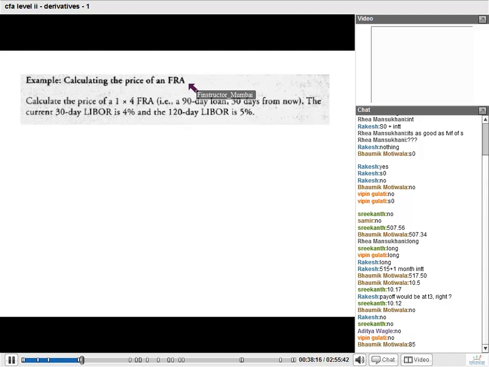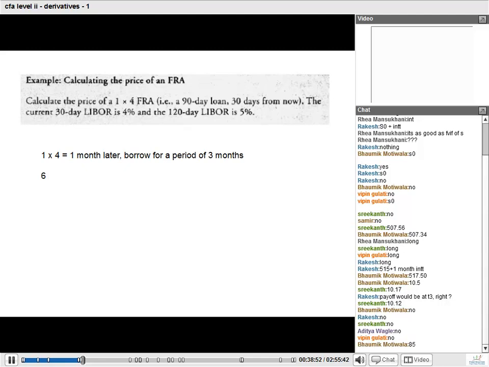So if you've agreed on a 1 into 4 FRA, that means, so 1 into 4 convention, please understand the convention, that means 1 month later I will borrow for a period of 4 minus 1, 3 months at a pre-decided rate. So 1 into 4 means 1 month later borrow for a period of 4 minus 1, 3 months.